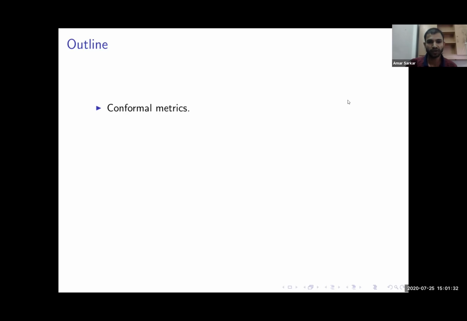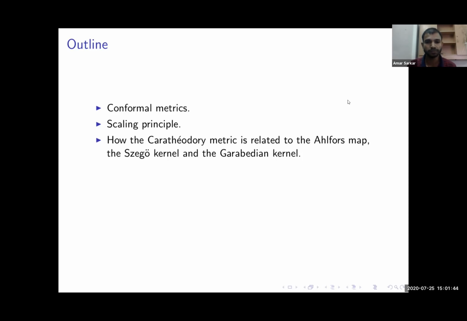Then I will talk about the scaling principle, which has been used to prove the theorems I am going to present. And then I'll give a connection between the characteristic metric and the Szegő and Bergman kernels.